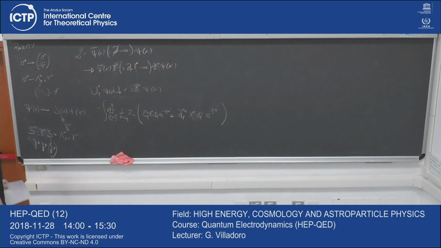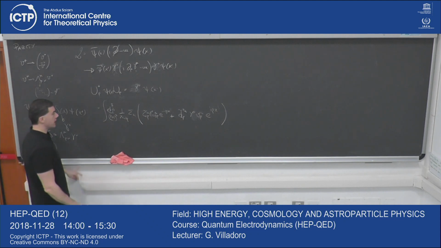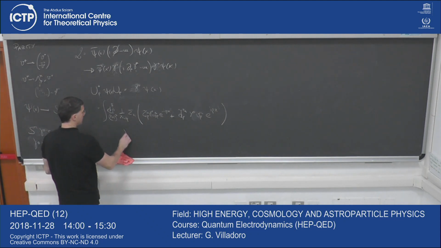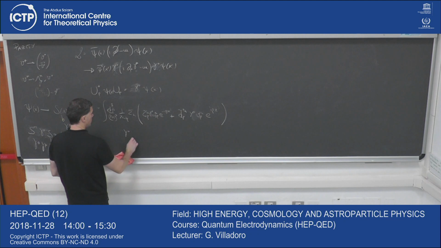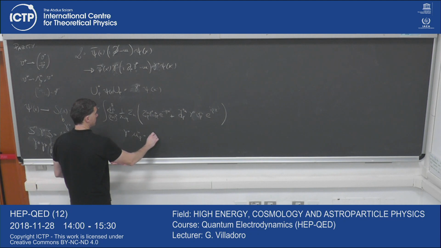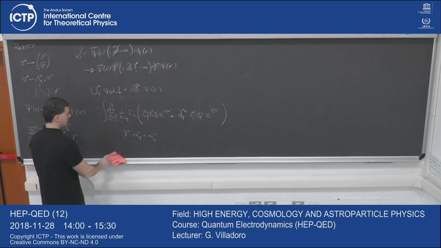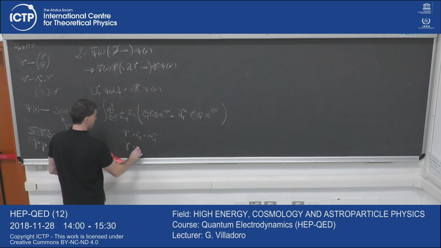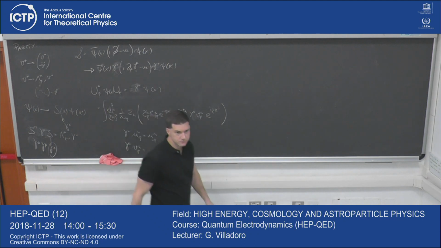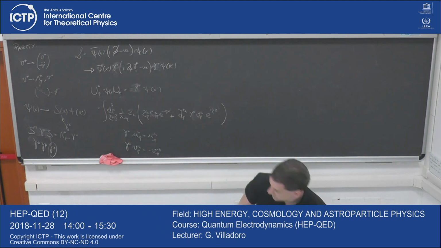Now, there's the following identity: gamma naught of U_{p,h} is equal to U_{-p,-h}, and gamma naught of V_{p,h} is equal to minus V_{-p,-h}.